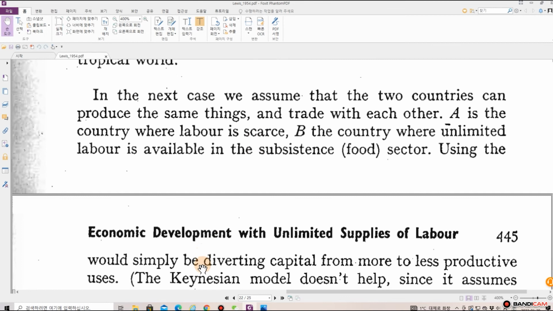In the next case, we assume that the two countries can produce the same things and trade with each other. A is the country where labor is scarce. B, the country where unlimited labor is available in the subsistence food sector.